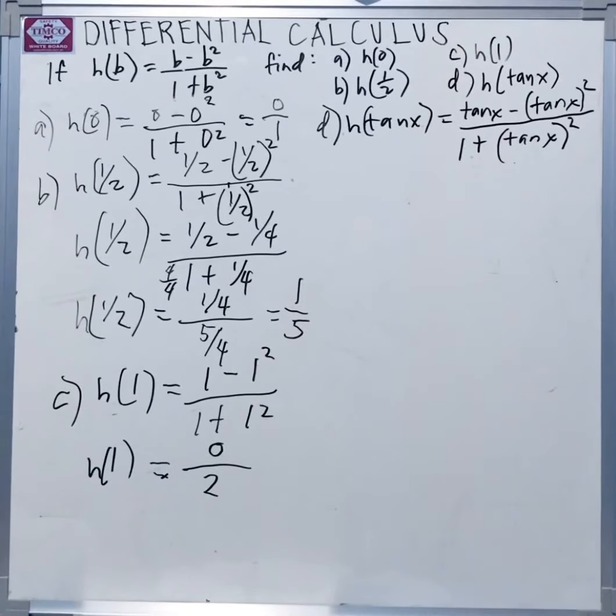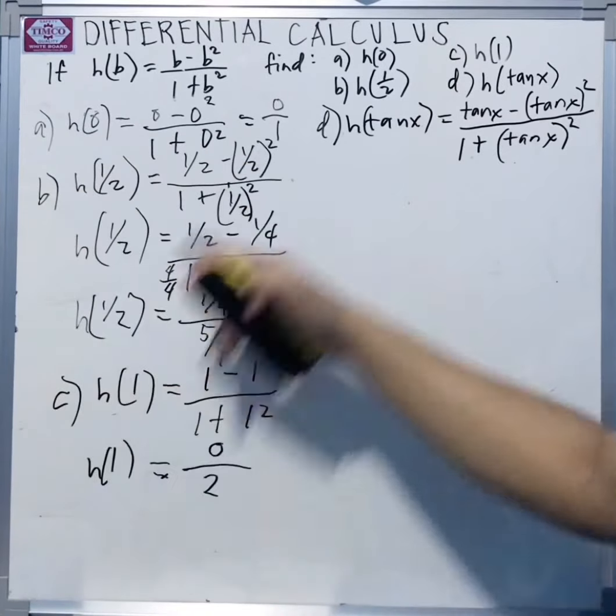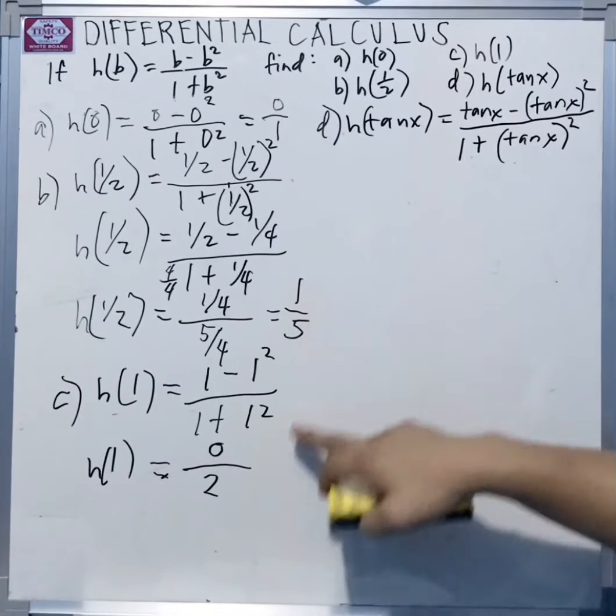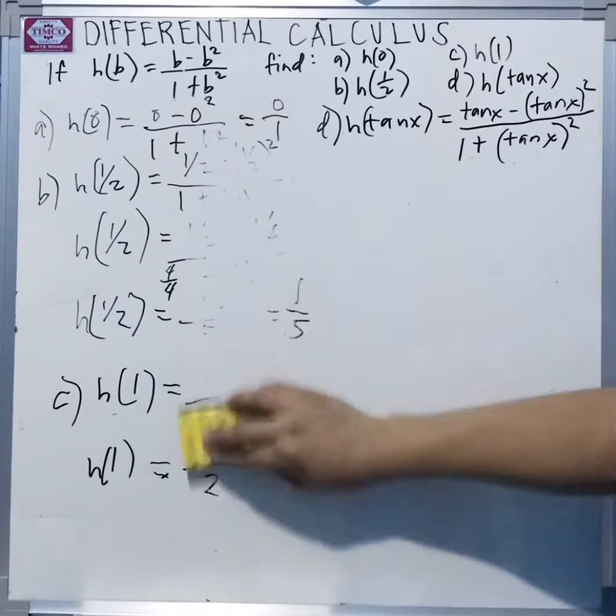Yun yung equation natin. Kailangan natin ng space. Take note nyo na to, itong value ng A, B, and C natin, 0/1, 1/5, and 0/2. Kasi kailangan natin dito sa isolve yung letter D. Iburahin natin to.